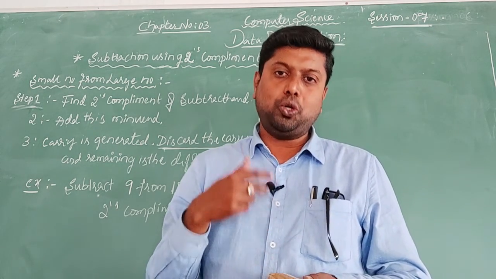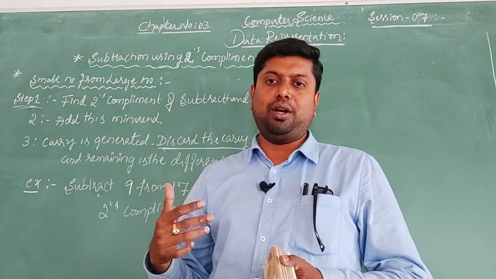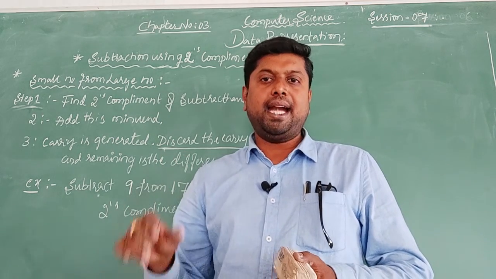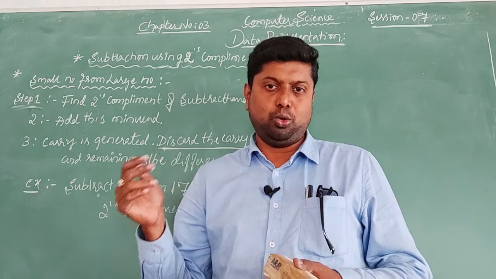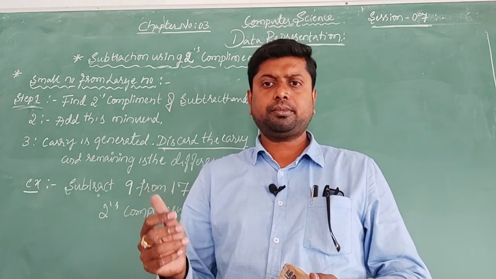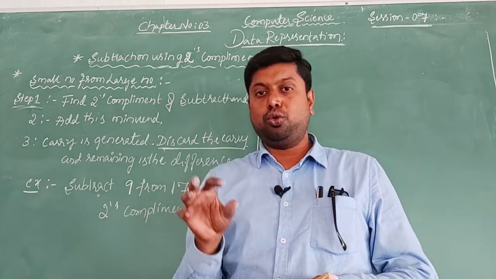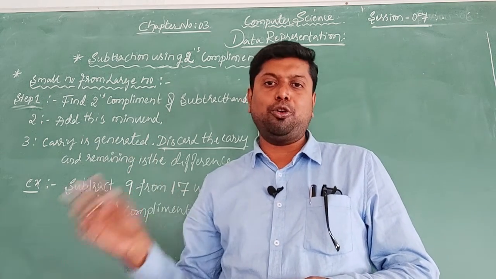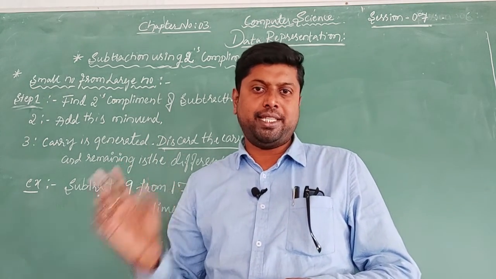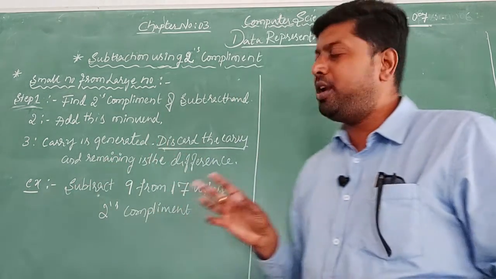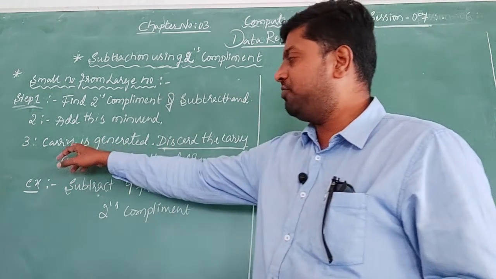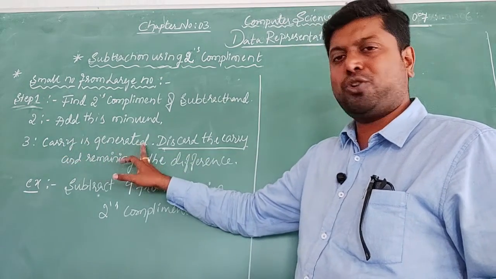That is the 2's complement. First we have to convert it into ones complement, then add plus 1 to the ones complemented result. Then we will get the 2's complement result. Then only add that 2's complemented result to the minuend, then end around carry will generate, and we are ignoring it. Very important point here, see, step number 3, carry is of course generated.